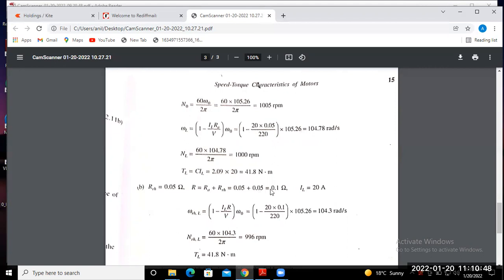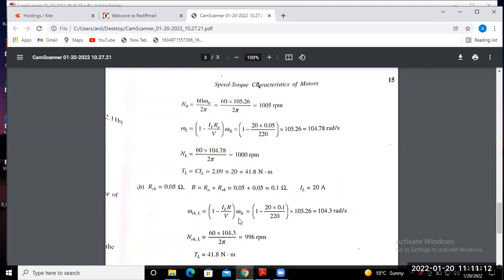So this value will become how much? 0.1, and V is already given to you, 220. So just put 1 minus 20 into 0.1 divided by 220 into omega 0. So omega 0 is how much? That means 105.26, is it not?